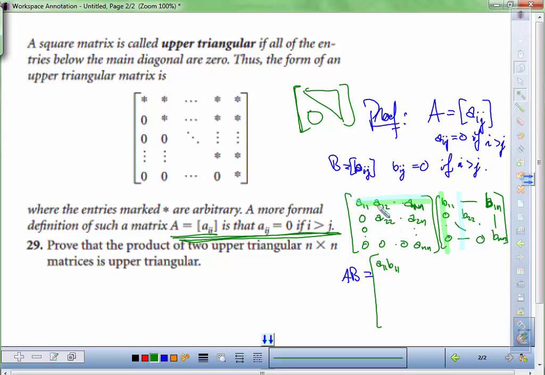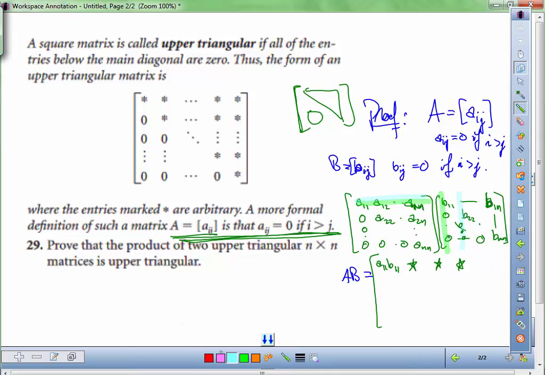So A11 times B12, A12 and B22, and then the rest of these are zeros. So you'll have a couple of terms here that I'll just put star for now. And then the rest of these things, you'll probably have some other stars and stuff.